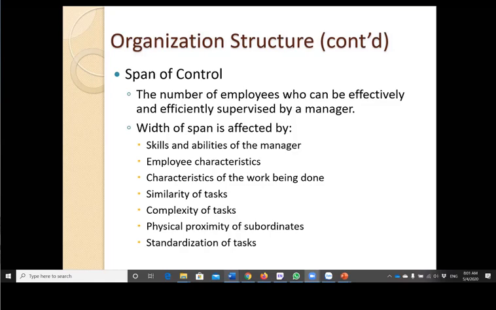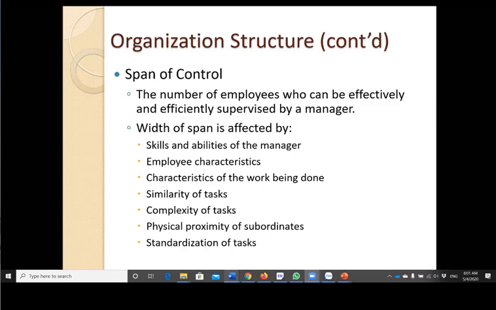So it means more work, or the manager needs to focus more on managing those people. So the width of span is smaller.